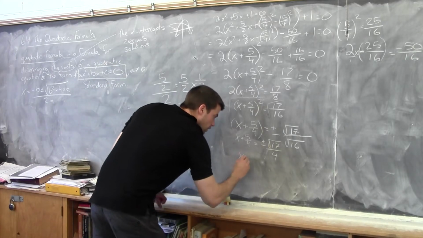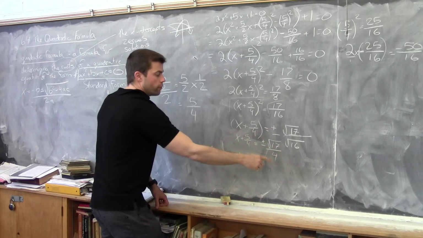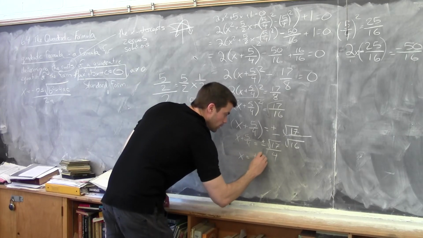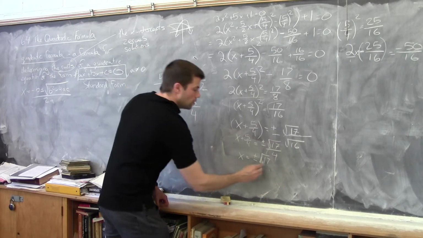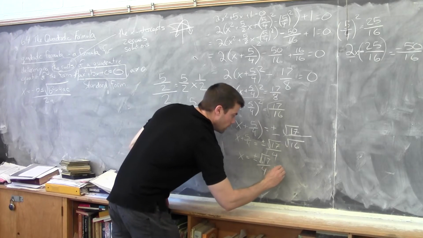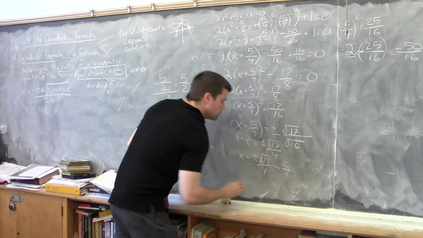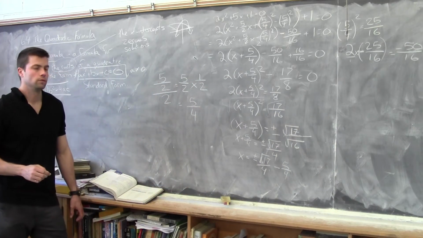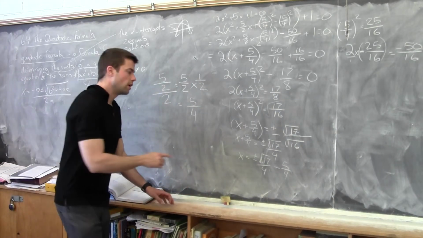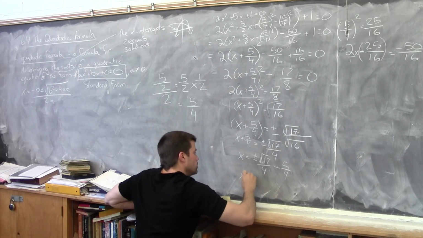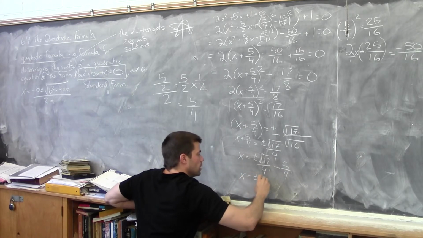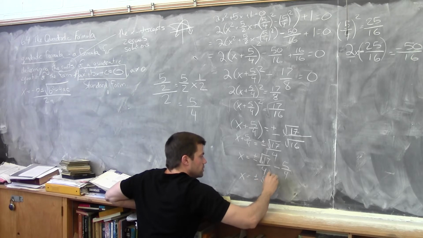Now we're going to have x is equal to, moving the 5 over 4 to the other side, plus or minus the square root of 17 over 4 minus 5 over 4. Because you have a common denominator here, we can combine these two terms. So we have x is equal to plus or minus the square root of 17 minus 5 over 4.